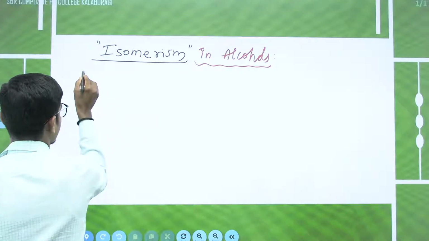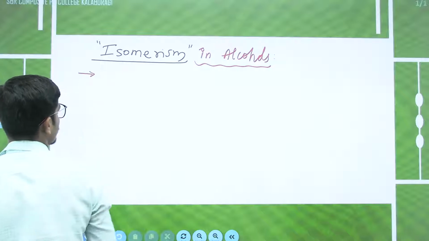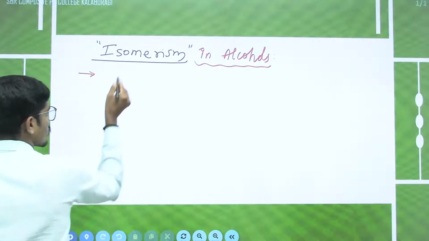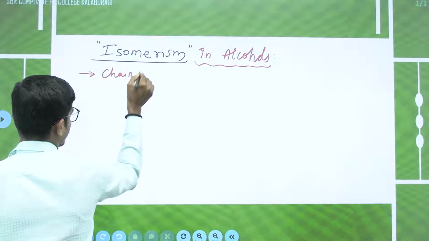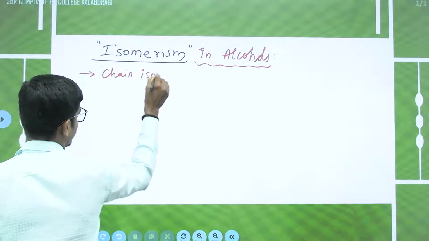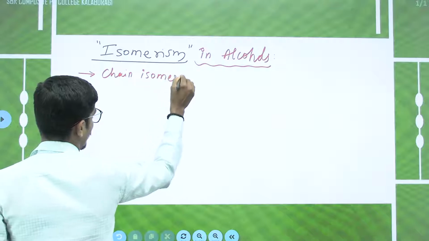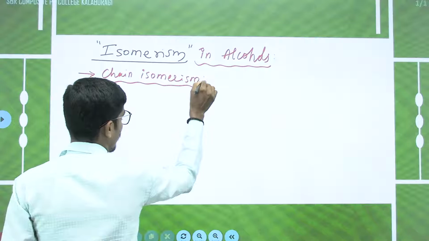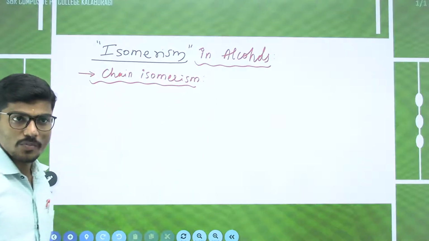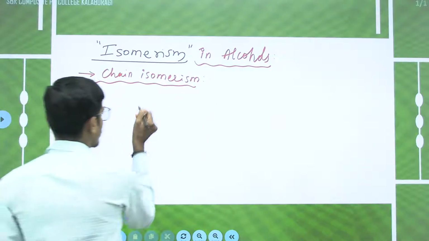The first one is chain isomerism. What is meant by chain isomerism? Look at the examples.